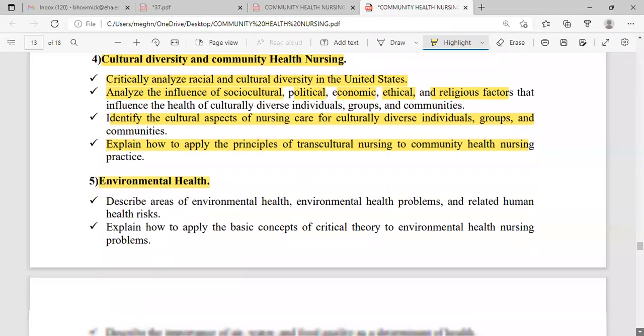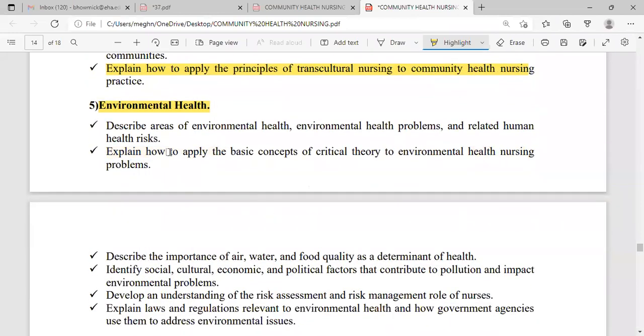What else? Describe the area of environmental health problems, and related human health risks. Explain how to apply the basic concept of critical theory to environmental health nursing problems, and describe the importance of air, water, food quality as a determinant of health.